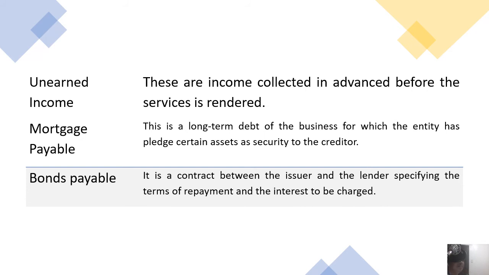Pagkakaiba niya sa ibang liability, may collateral. As a security, parang assurance ng creditor. Hindi sila magpautang kung walang collateral. Parang assurance nila yun na mababayaran yung liability. Pag hindi ka nagbayad, sa kanila na yung property.